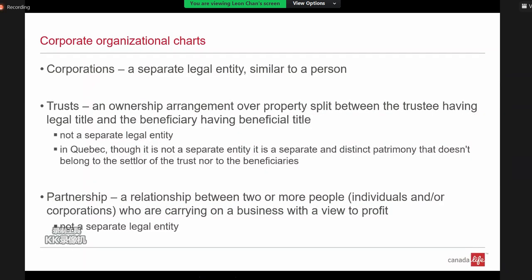A trust, on the other hand, is an ownership arrangement over property split between a trustee having legal title and a beneficiary having beneficial title. It's not considered a separate legal entity. Quebec is pretty different: it follows civil law rather than the other provinces, which follow common law. And a partnership is a relationship between two people who are carrying on a business with a view to profit. It's also not considered a separate legal entity.